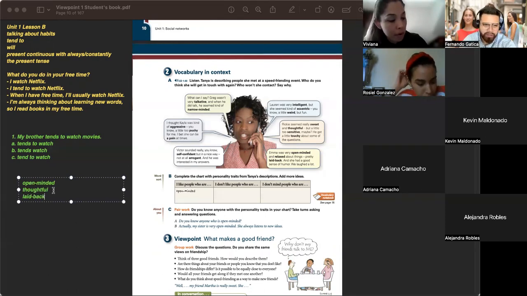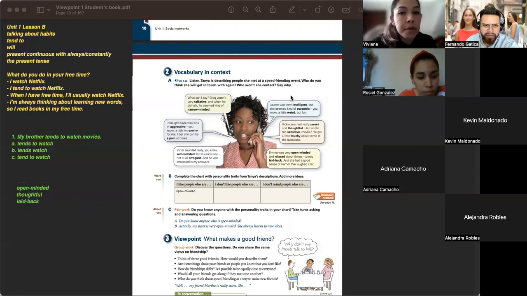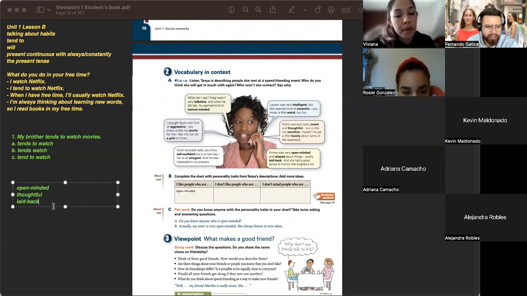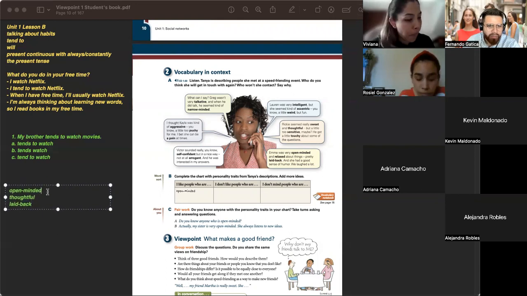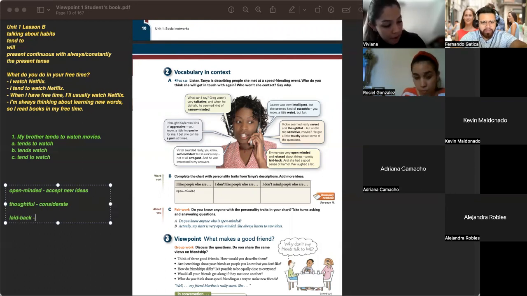Are they good positive or negative words? Yeah, they're positive, right? Open-minded means you accept new ideas. Thoughtful is like considerate. And laid back is a person who is relaxed, chill.